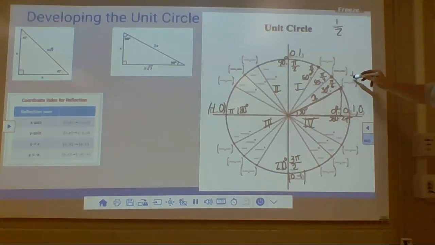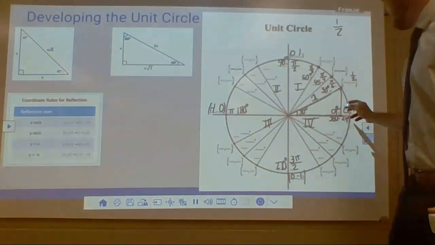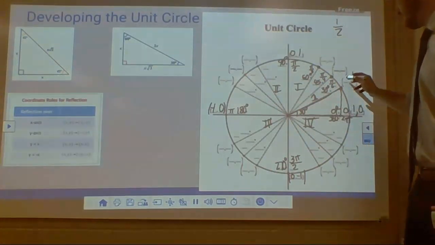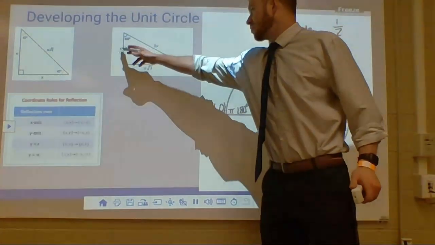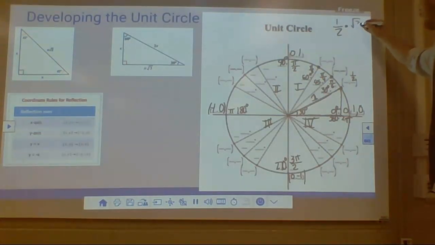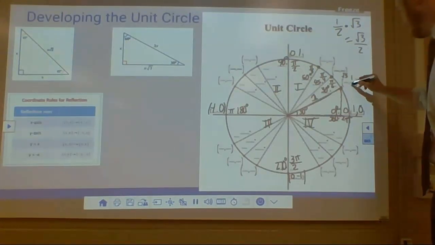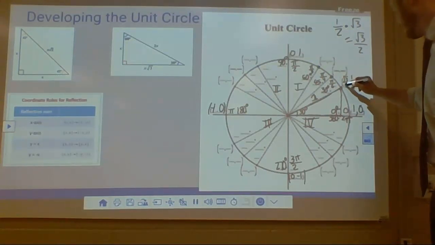So the y value is 1/2. All right. So now that I have the short leg, I want to get to the long leg. The long leg is going to give us the x value. Well, I'm going to take the short leg and multiply it times the square root of 3. So 1/2 times the square root of 3. And that's going to give me the square root of 3 over 2. So the x value is the square root of 3 over 2. I'm going to write it like this. I'm going to say the y value is 1 over 2, and then the x value is square root of 3 over 2.